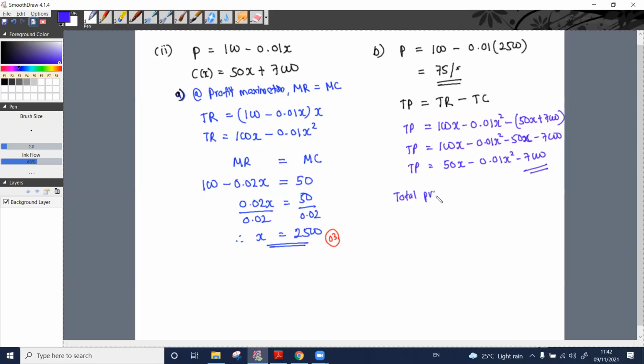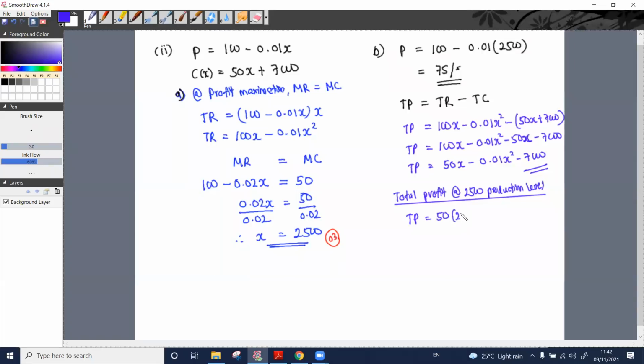Total profit at 2,500 production level should be what then?